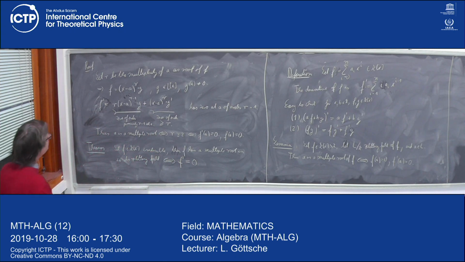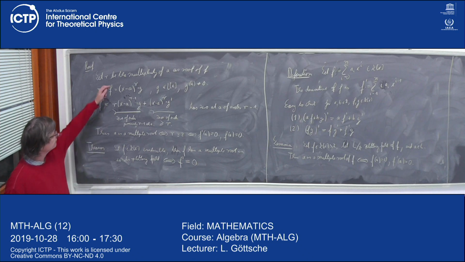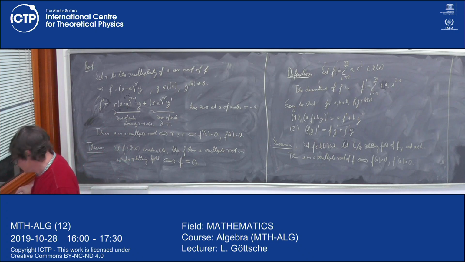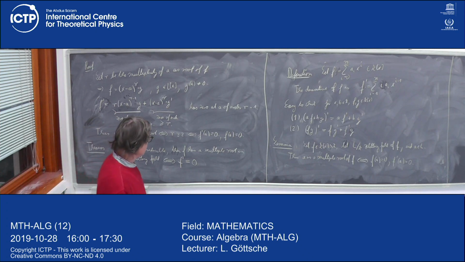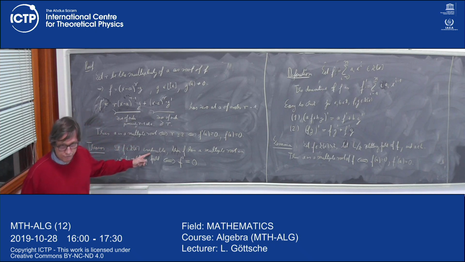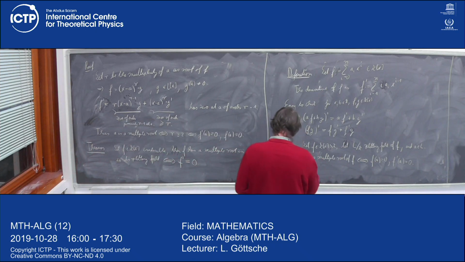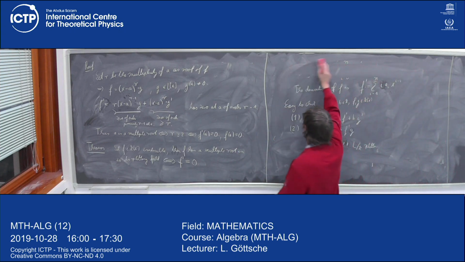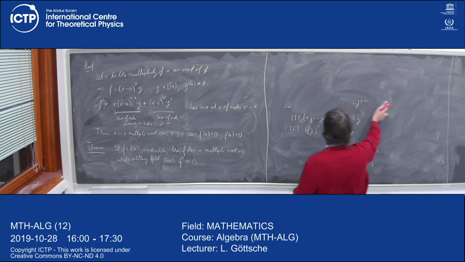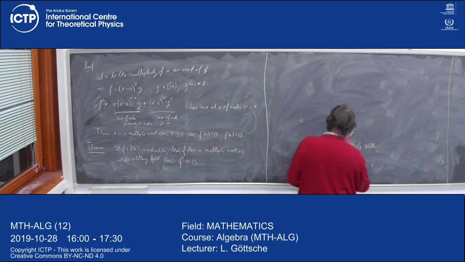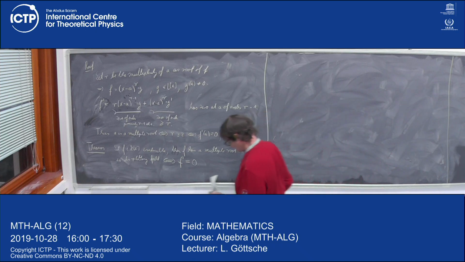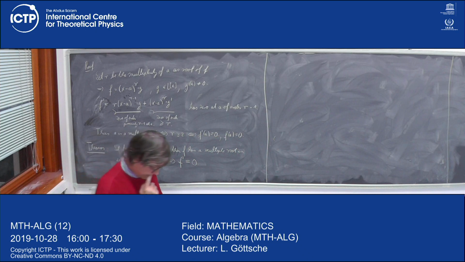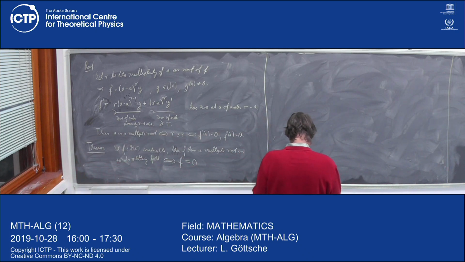Okay? It's a rather big step, from the fact that it must also vanish at the root, to now it must just be 0. But obviously that comes from the fact that we have assumed it to be irreducible.